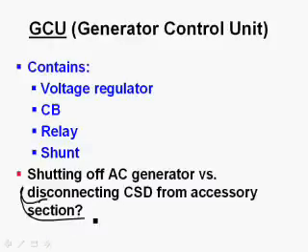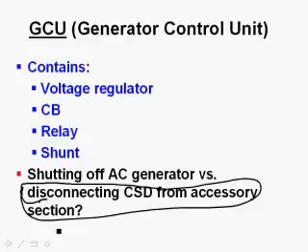Okay, and I wanted to make sure I talked about this right here. Once you've flipped the switch disconnecting the CSD from the accessory section, even if you flip it back, it'll never reconnect in flight. That solenoid, you can't energize it in the opposite direction. You can't make it get physically reconnected.